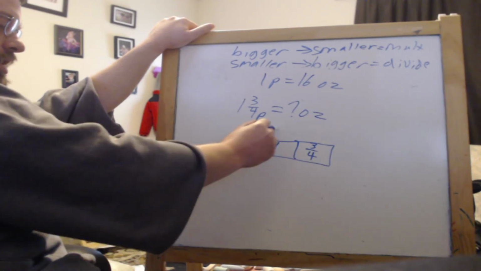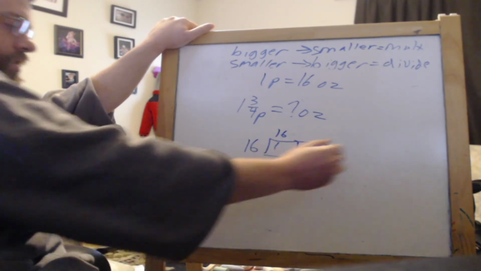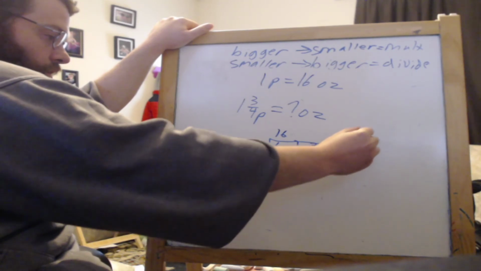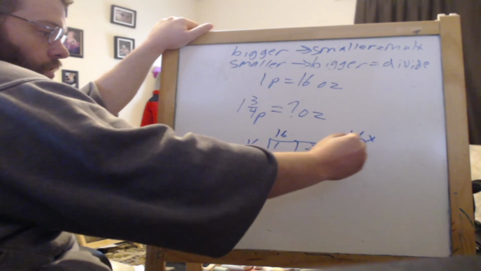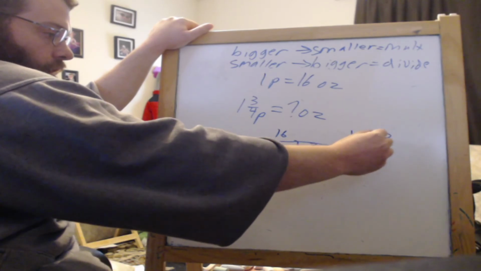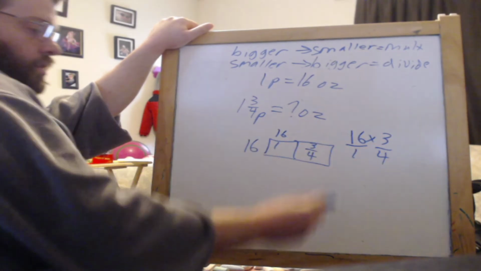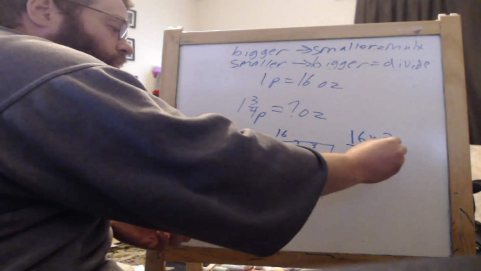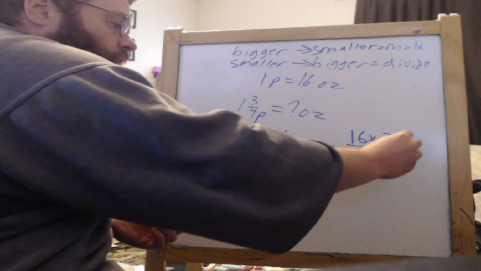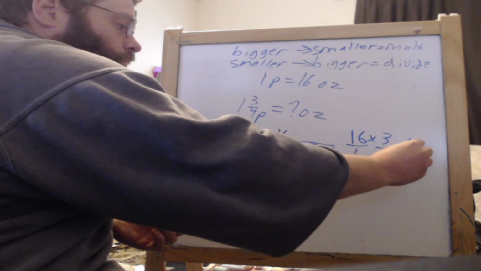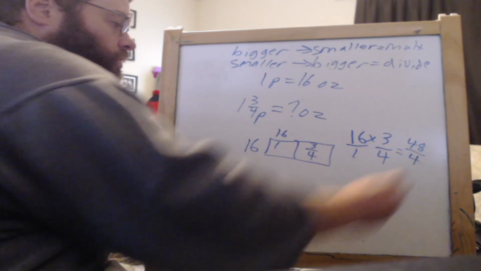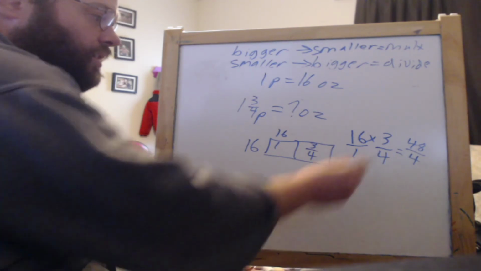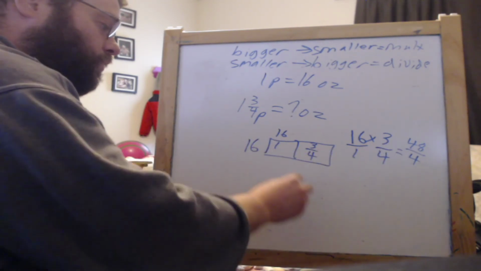So 16 times 1 is 16. 16 times 3/4 is 16 over 1 times 3 over 4. So 16 times 3, I know that 15 times 3 is 45, so 16 times 3 is 48 over 4, and I know that 48 divided by 4 equals 12.